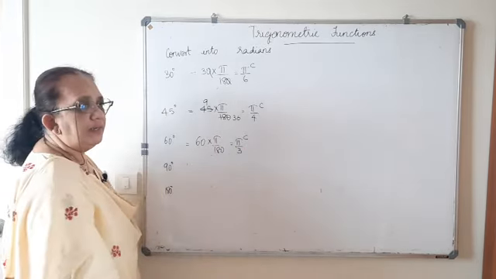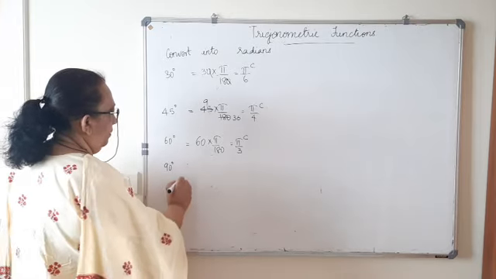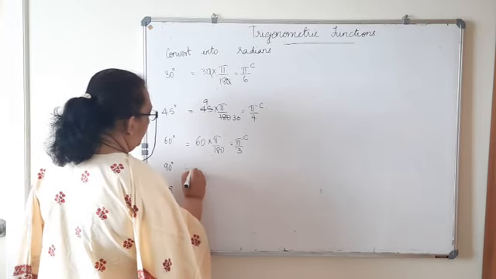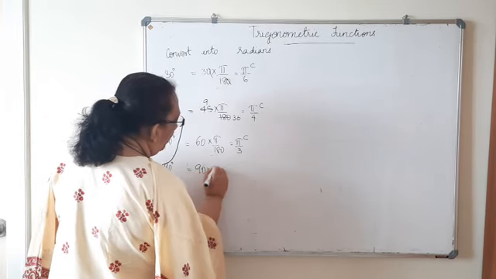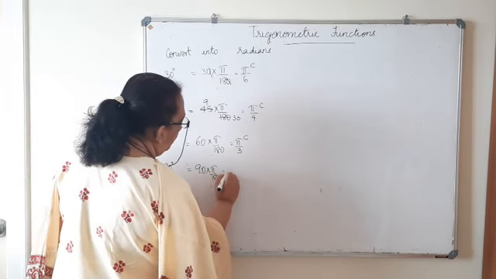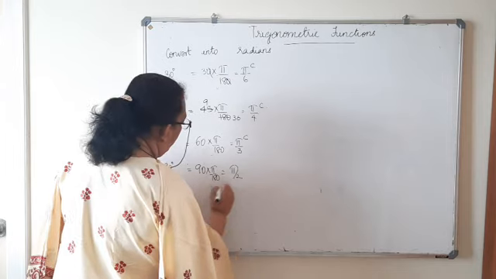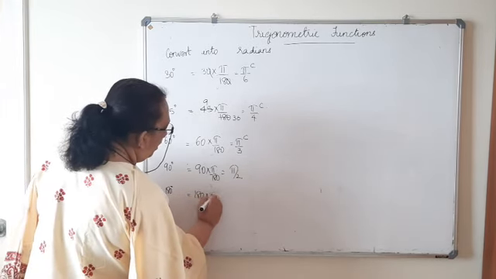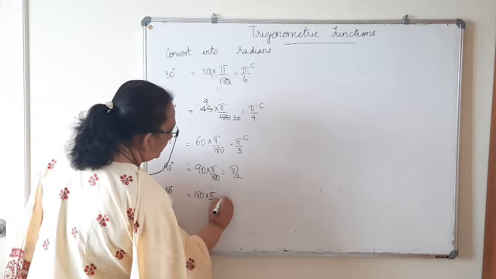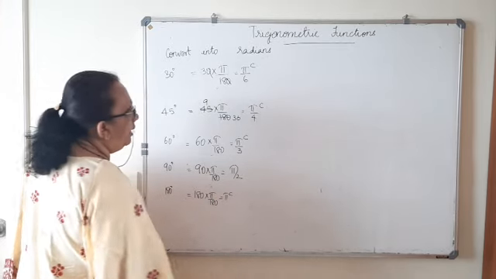These are the standard results you have to remember. 90 degrees is equal to 90 into pi by 180, which is pi by 2. And 180 degrees is equal to 180 into pi by 180, that is equal to pi radians.